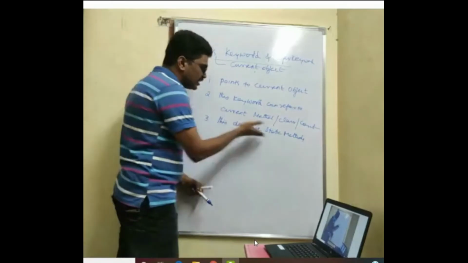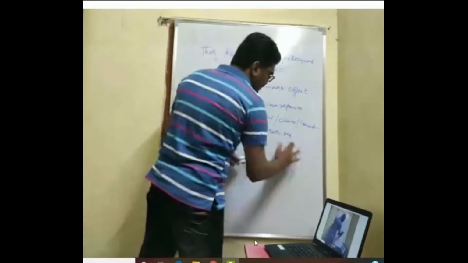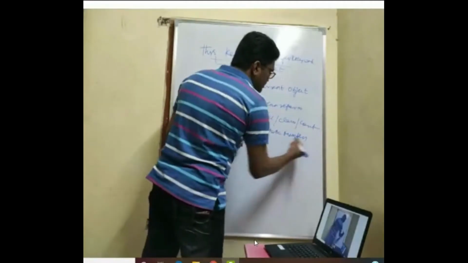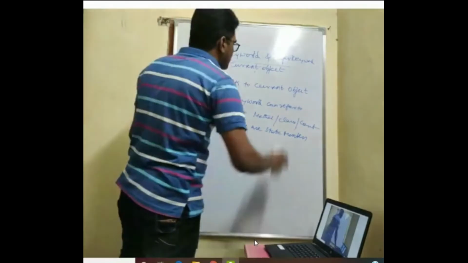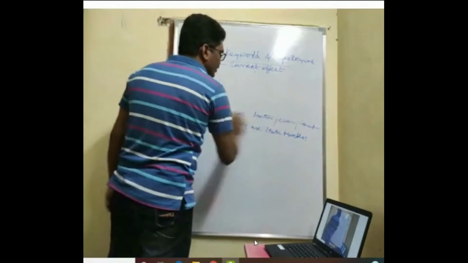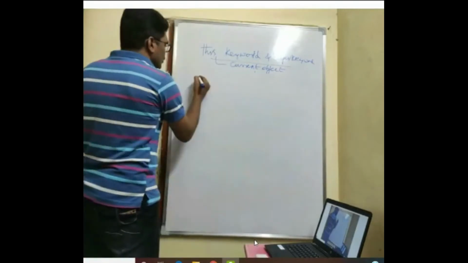That is why we don't use this keyword with static members, not only methods but all static members. The main purpose of this keyword is to refer to the current object.